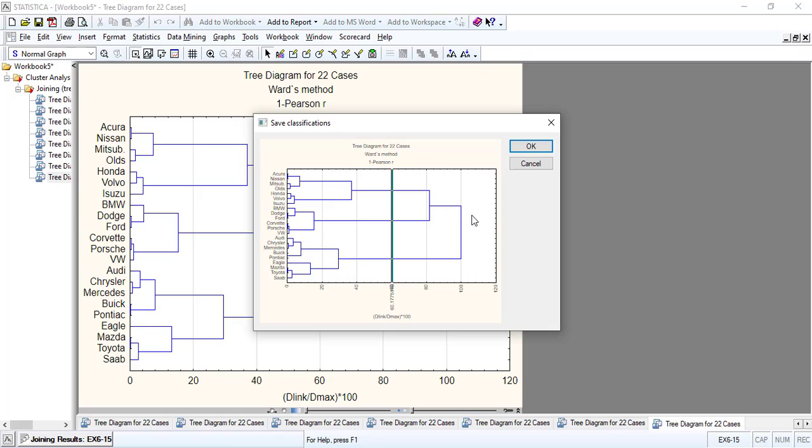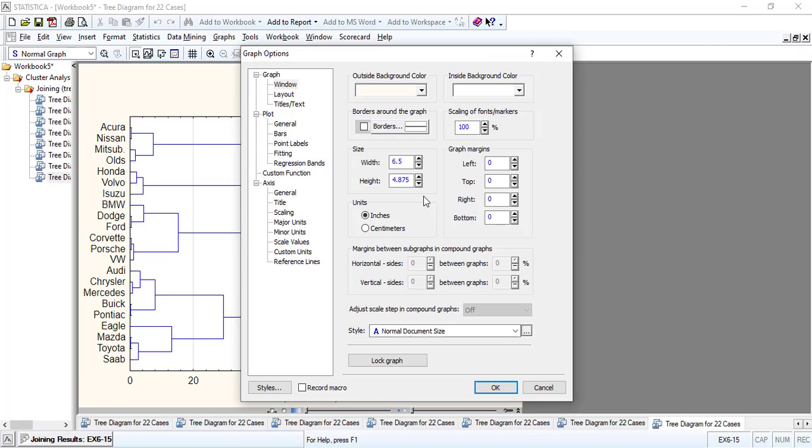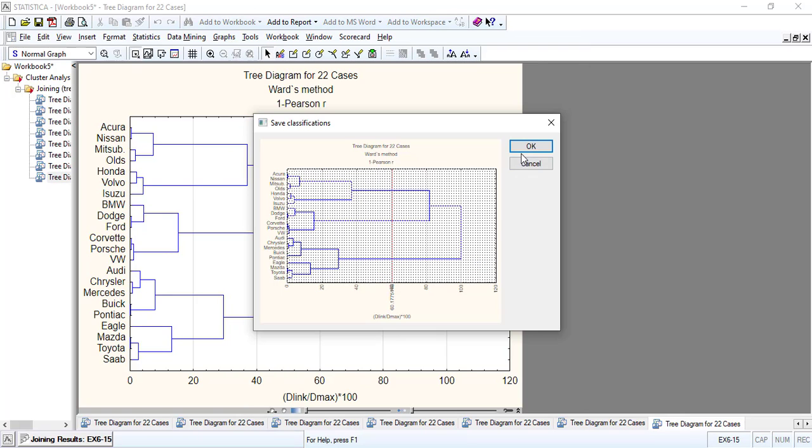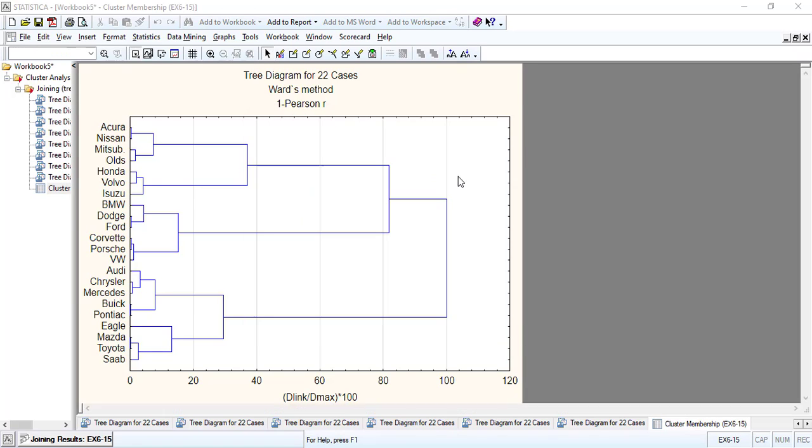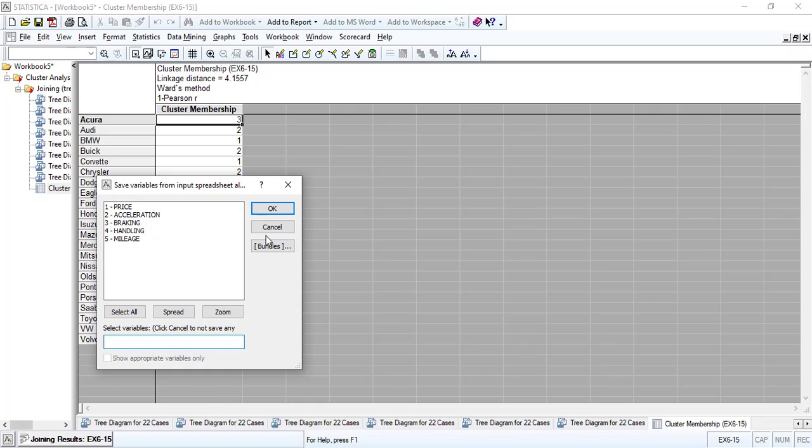And you see what kind of brand they belong to. Choose all available, from 1 to 5, yes. And they will set the cluster number you belong to.